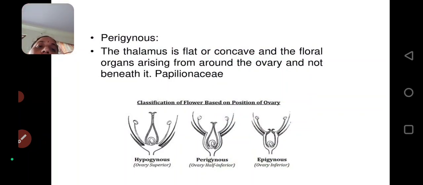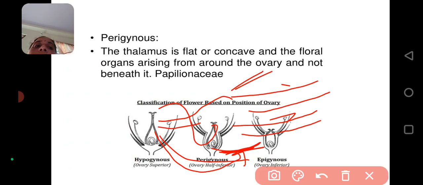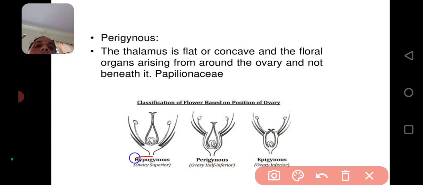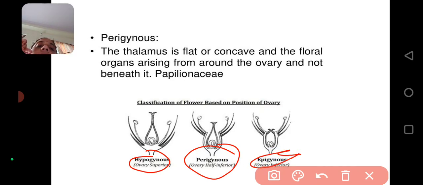And hypogynous, perigynous and epigynous ovaries are there like this. Hypogynous means superior ovary, perigynous means ovary half inferior or half superior, epigynous means ovary inferior. So this is the ovary. Below the ovary the floral parts are arranged, in the middle part of the ovary the floral parts are arranged, and above the ovary the floral parts are arranged.